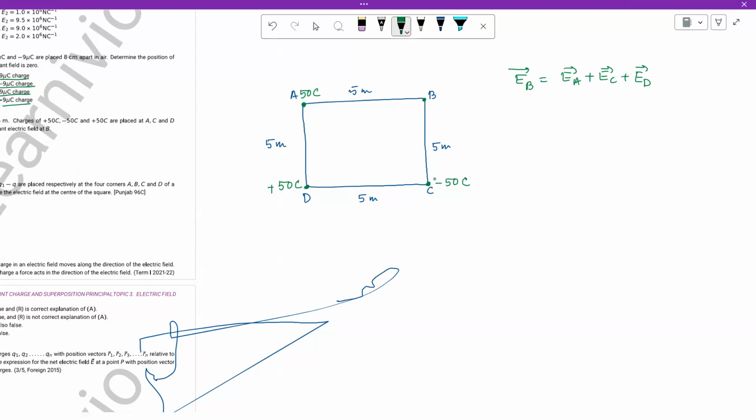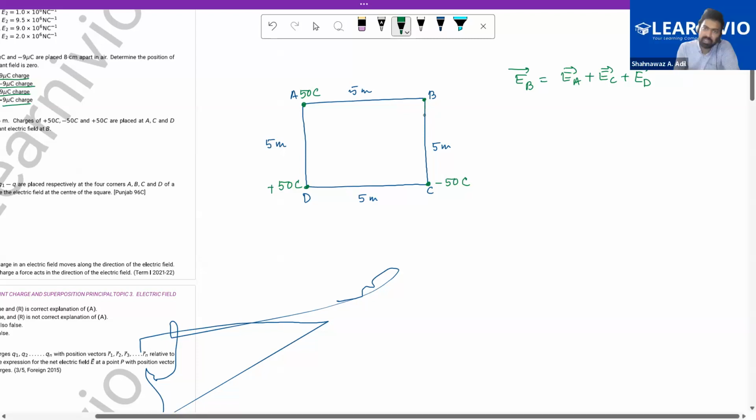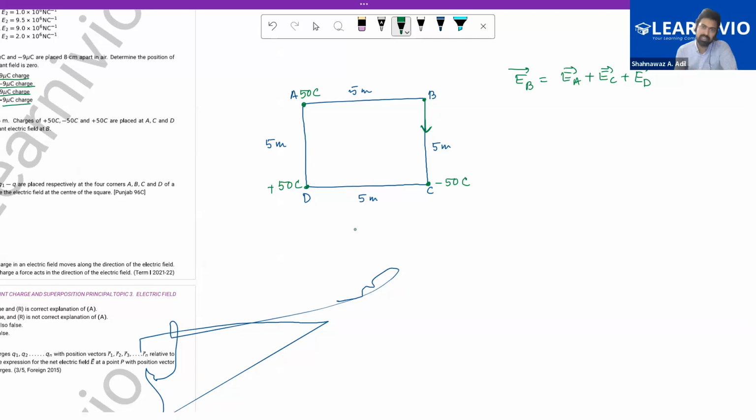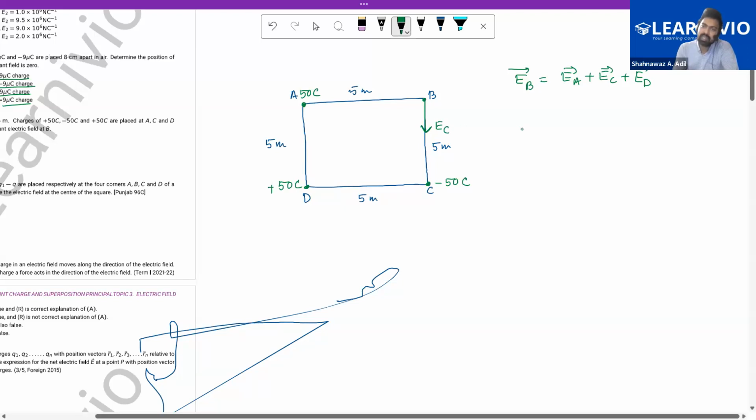It would be downwards, absolutely correct. We'll talk about magnitude later. So let us write EC vector.